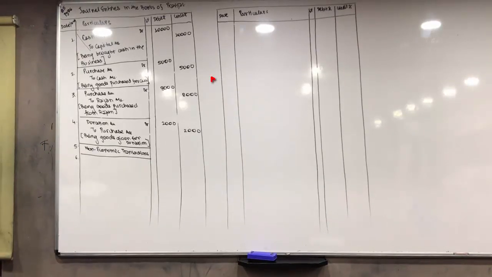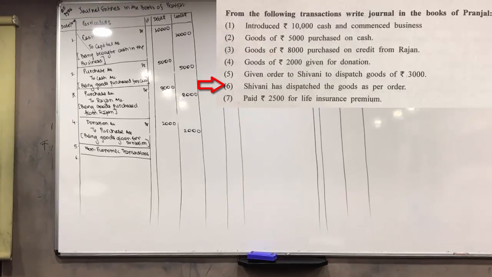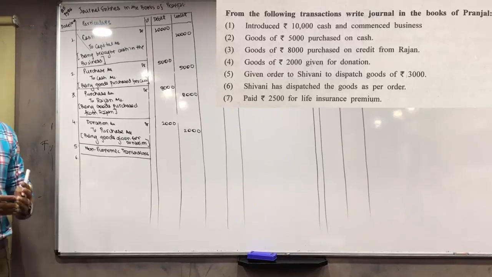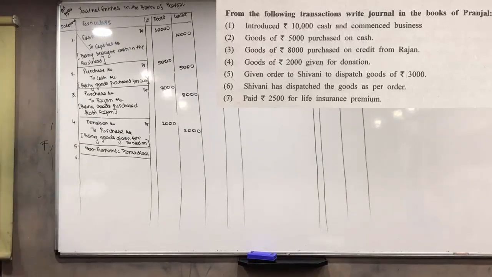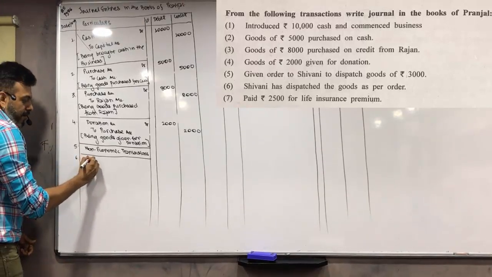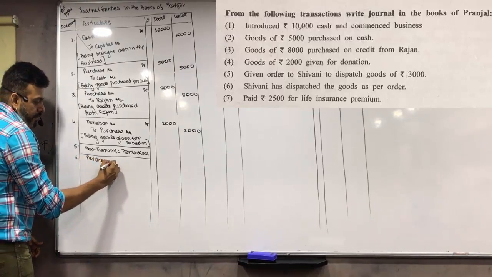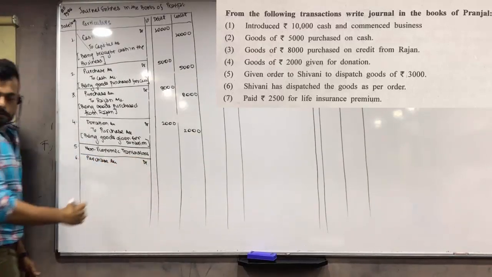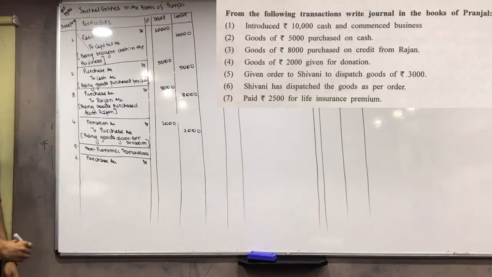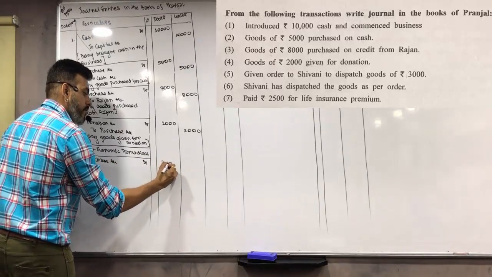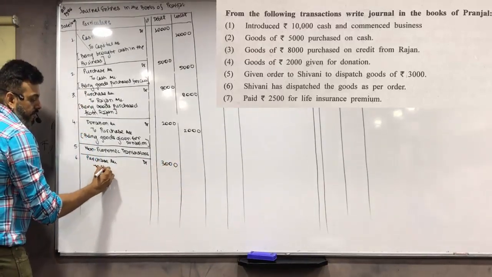Then Shivani has dispatched the goods as per order. Now we have given order to Shivani, so are we buying or selling? We are buying. So Shivani has dispatched, so we received the goods. So we write purchase account debit. Goods comes in, 3,000, to Shivani account.